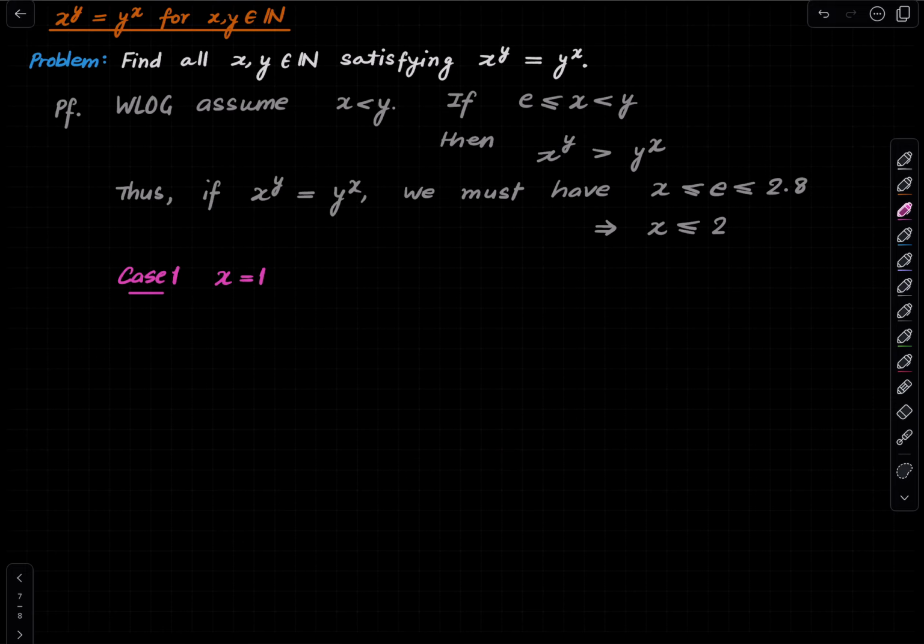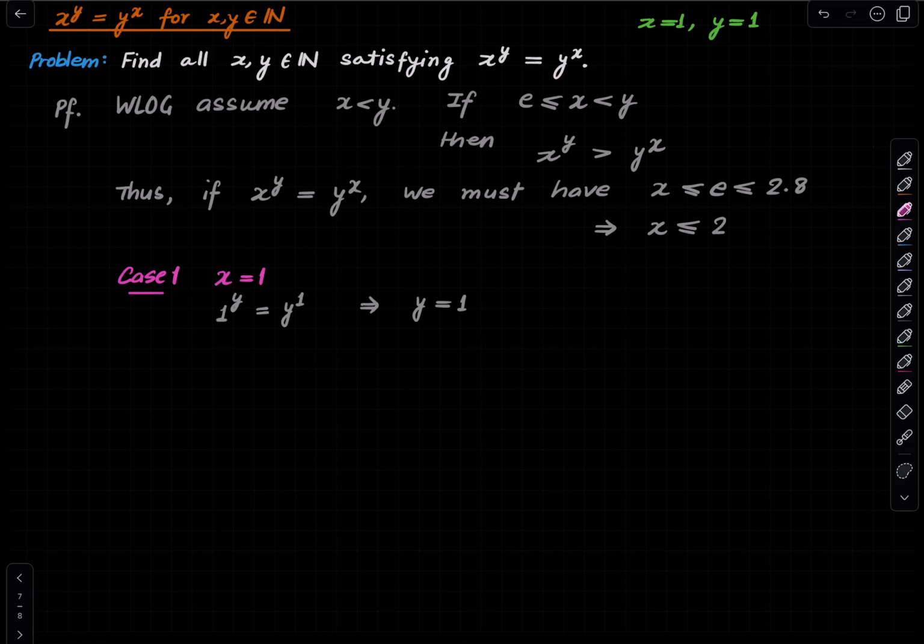If x is equal to 1, then 1 to the power y equals y to the power 1. We want to see how many natural numbers satisfy this, but there is exactly one natural number which satisfies this. So this means y is equal to 1. So we've just found one solution, which is x equals 1 and y equals 1. Clearly that is a solution to this equation.